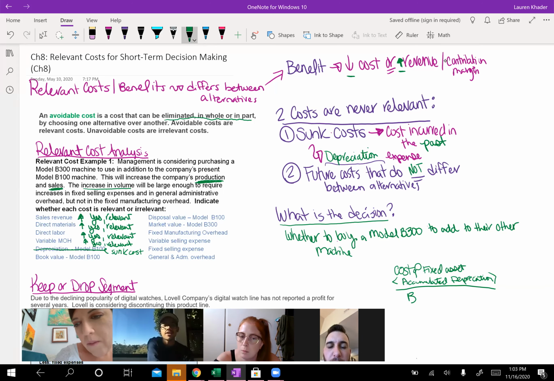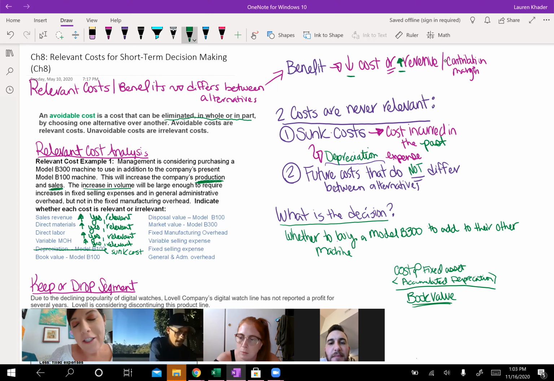But they're not selling it, so why would we consider it? Even if they were selling it, book value is irrelevant. It's an accrual basis number. It's not cash basis. It is a sunk cost. If you look at it, cost of the fixed asset is a sunk cost. Accumulated depreciation is a spreading over of that sunk cost.